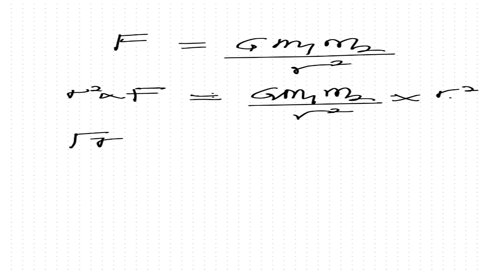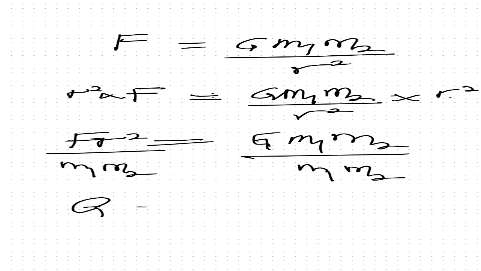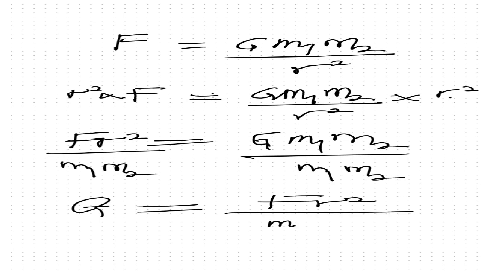We get F R squared on the left hand side equals G m1 m2. And what do you do to get G? You divide both sides by m1 m2. And our G eventually becomes F R squared over m1 m2.